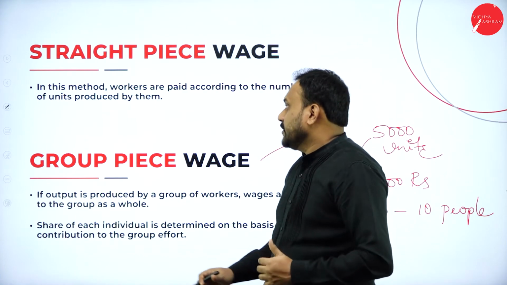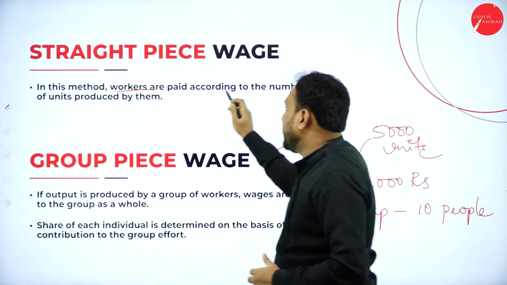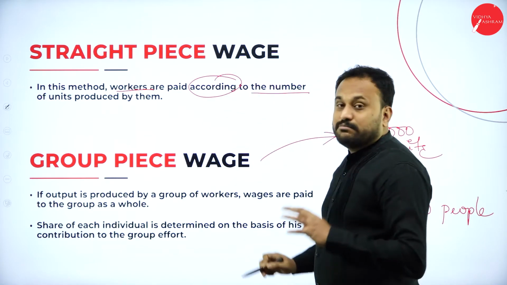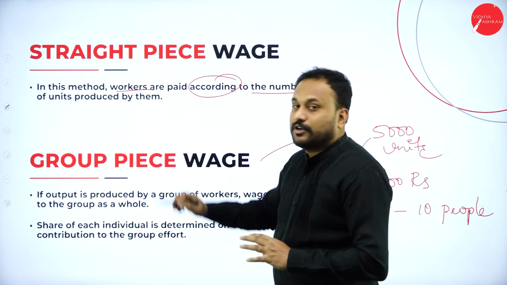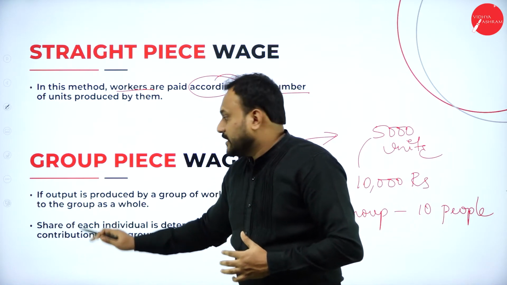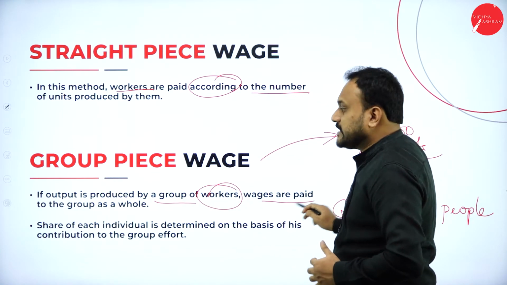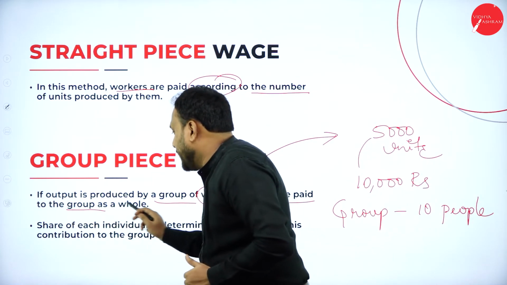Then it is for the group to decide how much each will get according to their wishes. In the straight piece method, workers are paid according to the number of units produced by them. How much they produce, that much they'll get. In group, if output is produced by a group of workers, wages are paid to the group as a whole.